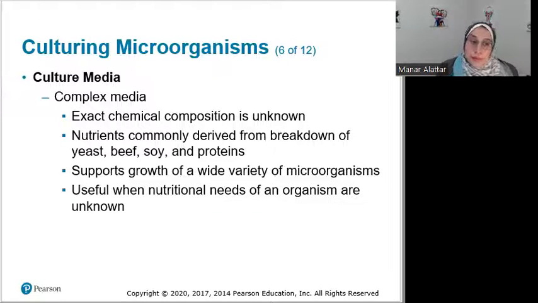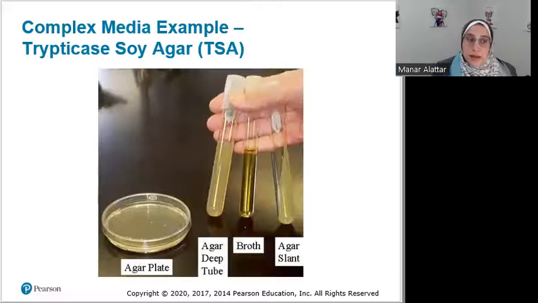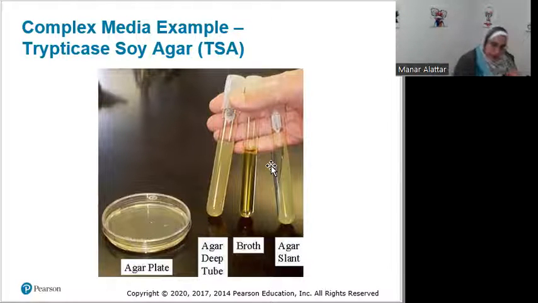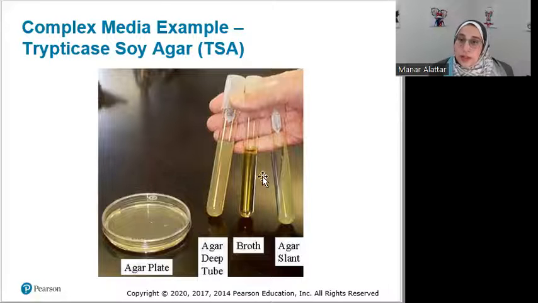And so the type of media that we use most often that is a complex media in our lab is trypticase soy agar. And this is a media made of soy, and you can use it in a liquid form like this broth or in various types of solid forms.